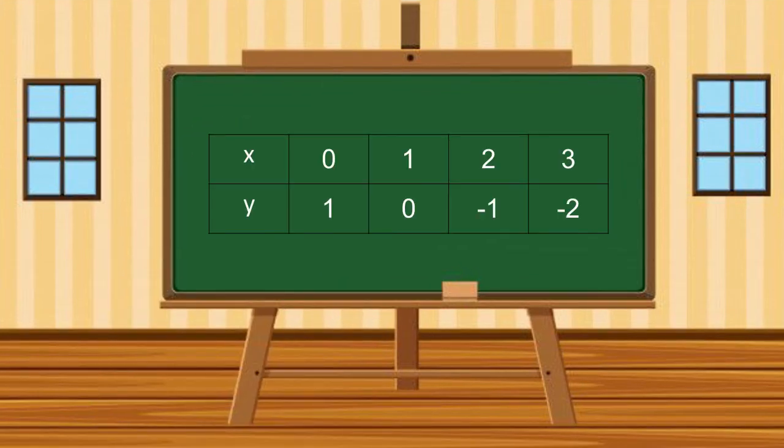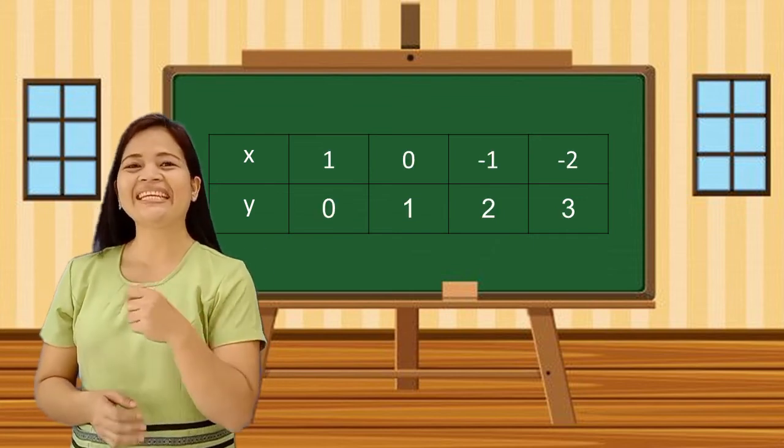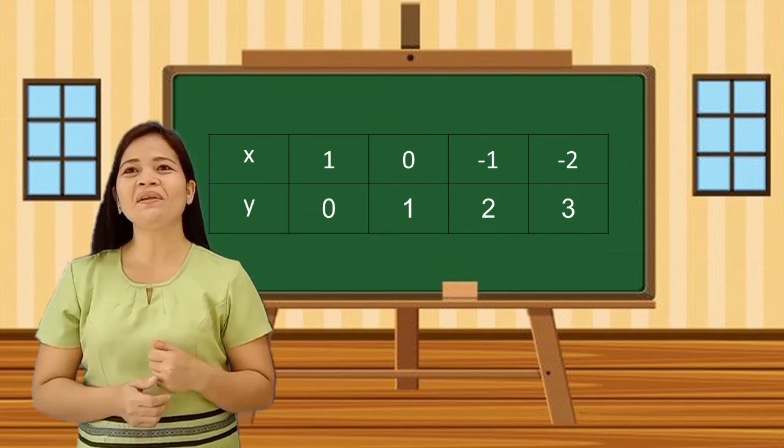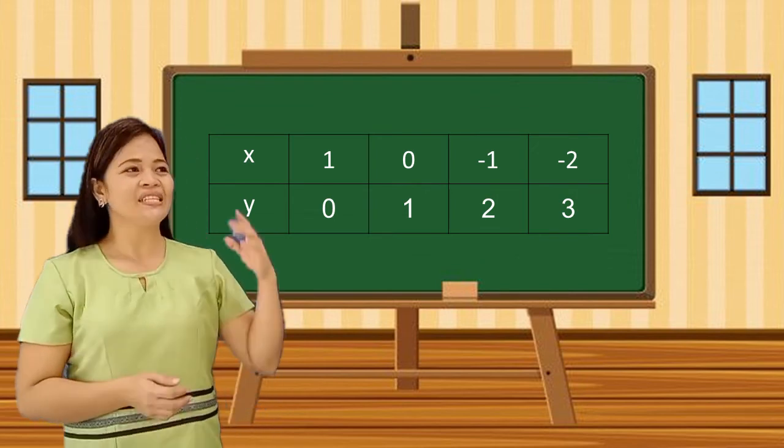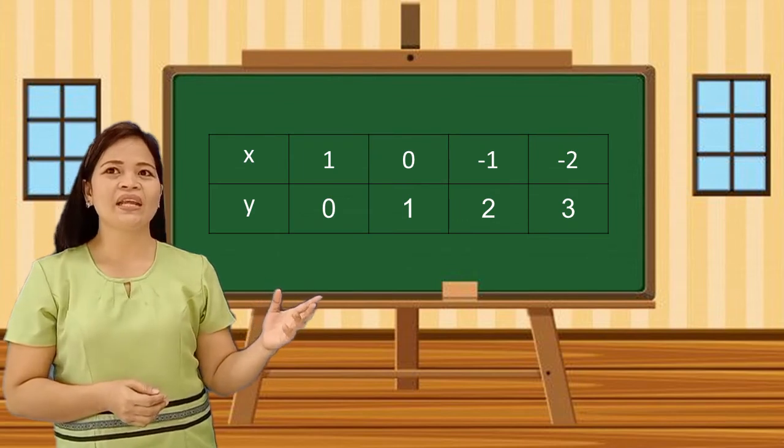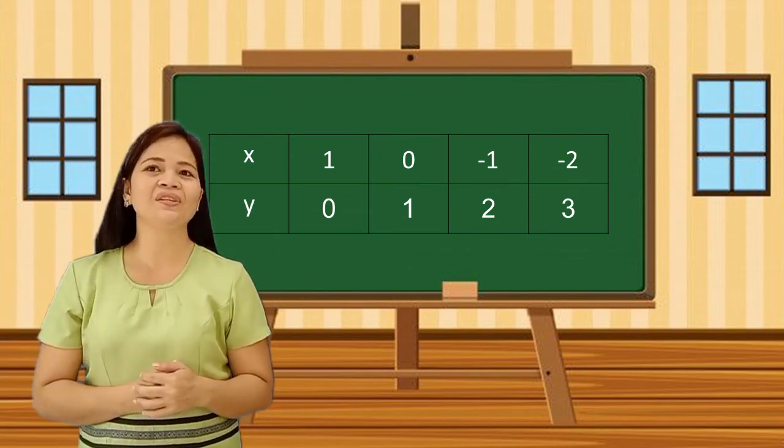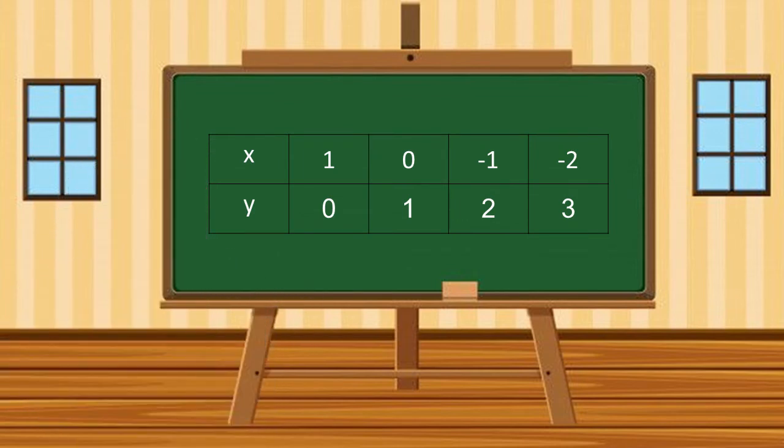So, what will be the inverse of the function shown in the table? Correct! Its inverse can be represented using this table of values. How about the domain and range of its inverse? That's right!